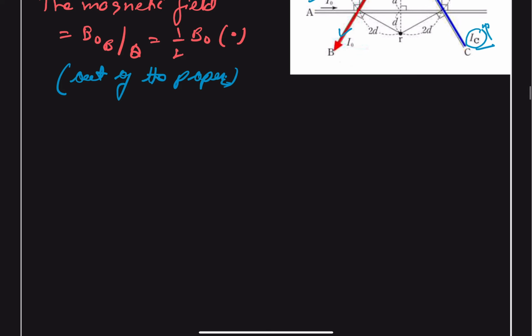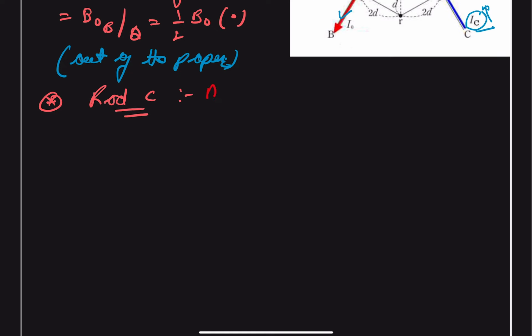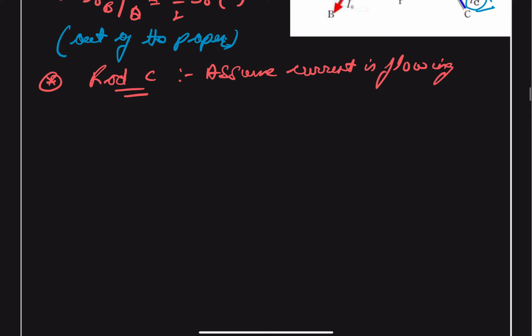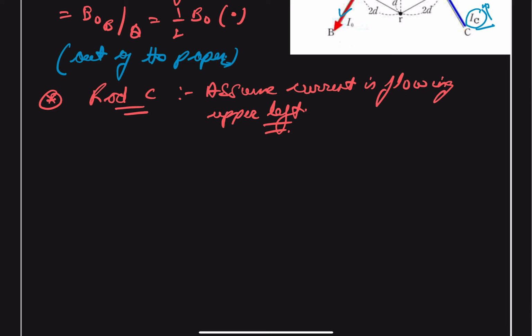So this is our rod C, and we assume current is flowing upper left, and we have point P somewhere here, and its distance is 2d, and Q will be just opposite to it somewhere here, and its distance is d.